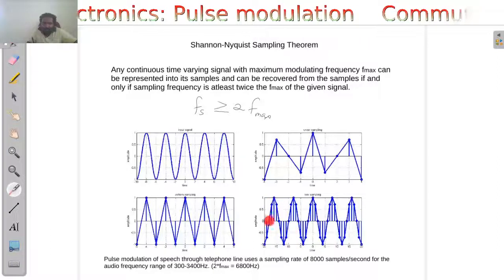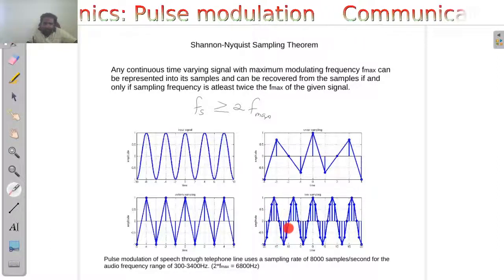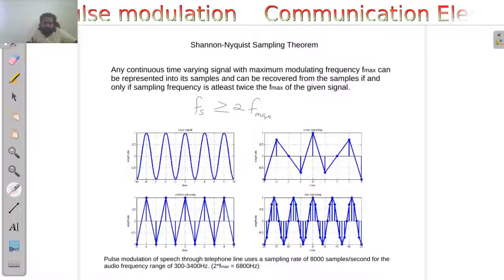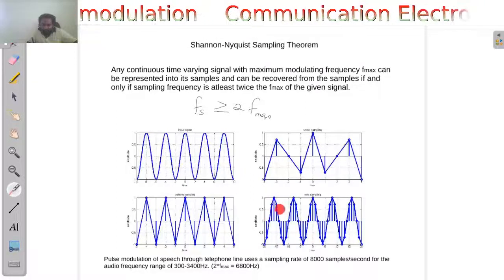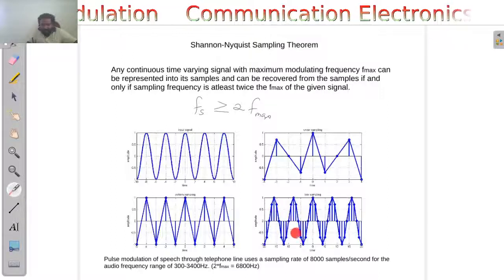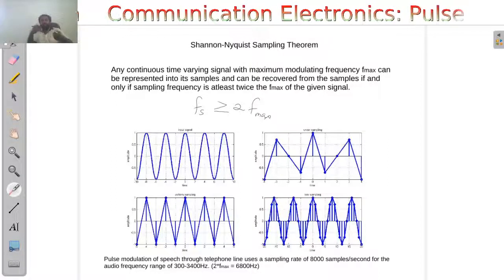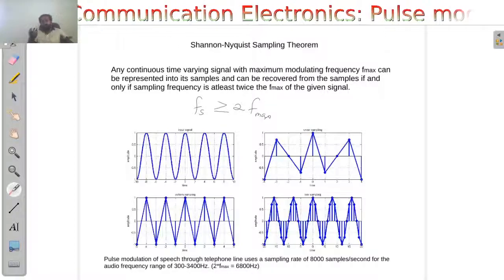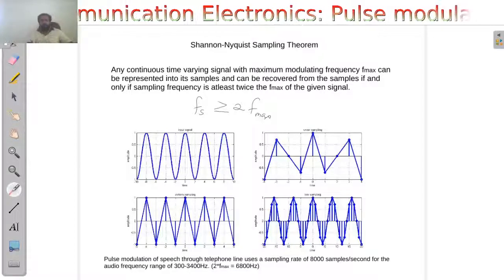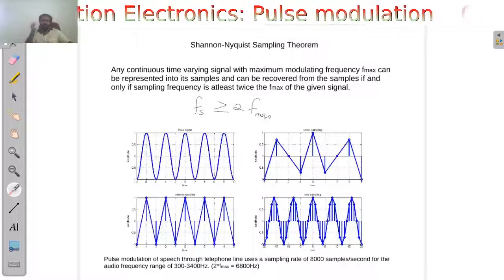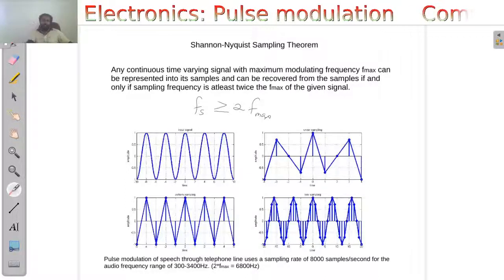Okay, so there are 8 samples in this cycle, and when you are taking 8 samples in a cycle, you can join the dots and get a better waveform. Okay, so when you increase the number of samples per cycle, then you will be getting a more quality waveform at the output. So this is the essence of Shannon-Nyquist sampling theorem.